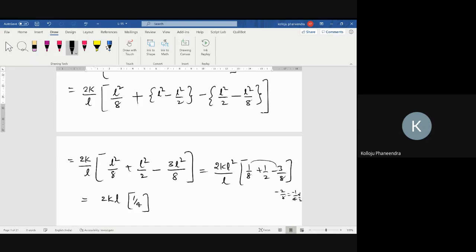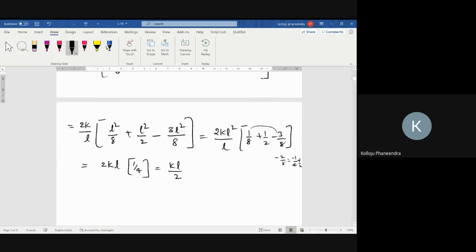So what is the a naught value? kL by 2. This is the value of a naught.